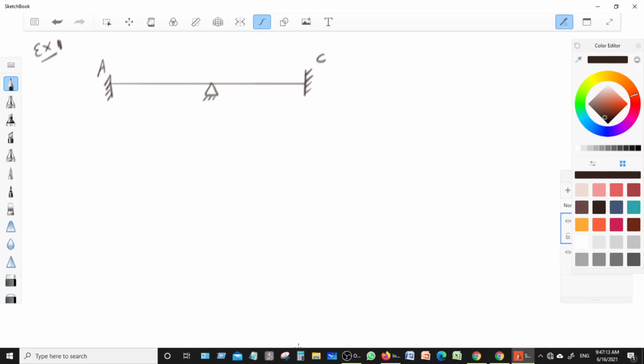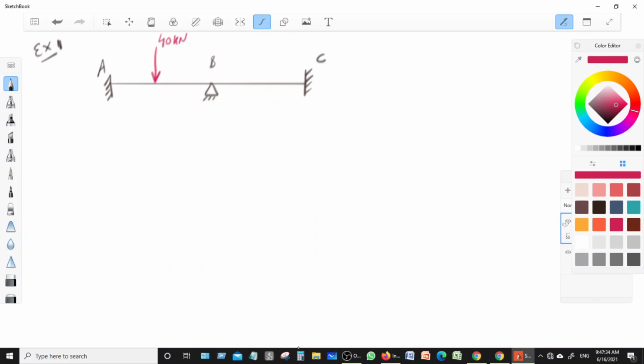So, this is C, and this one is B. Now, this AB span is subjected to a point load at the mid span, and the magnitude of that force is 40 kilonewton. It is at the mid span.